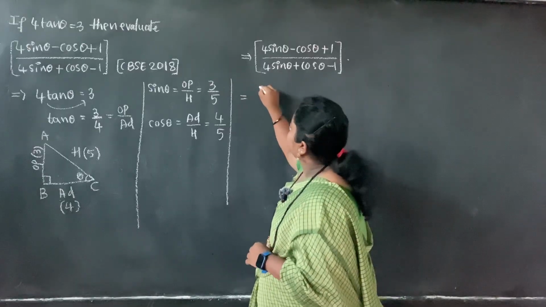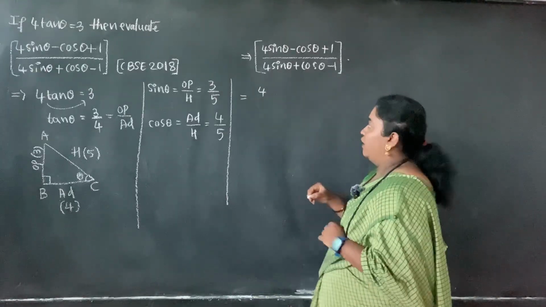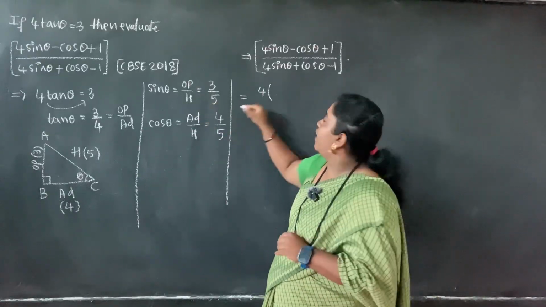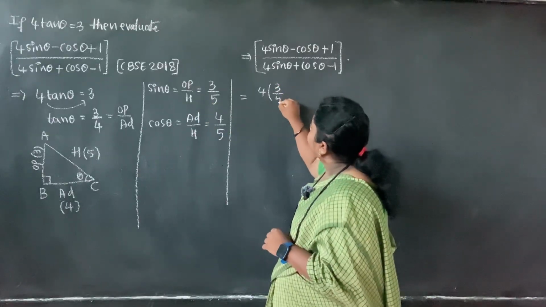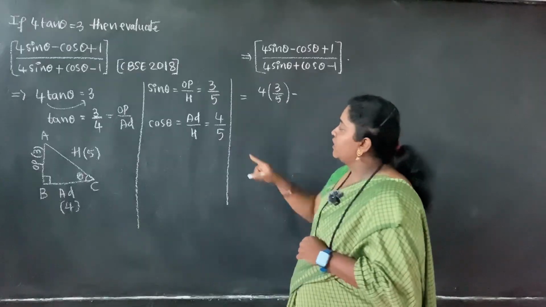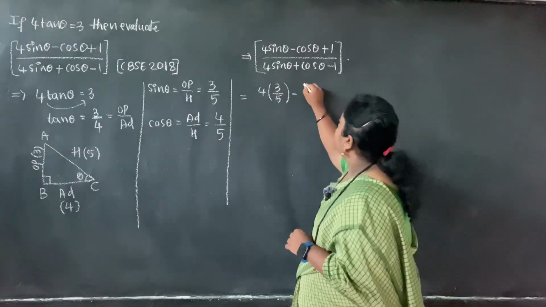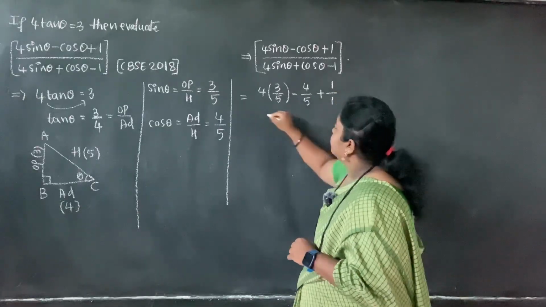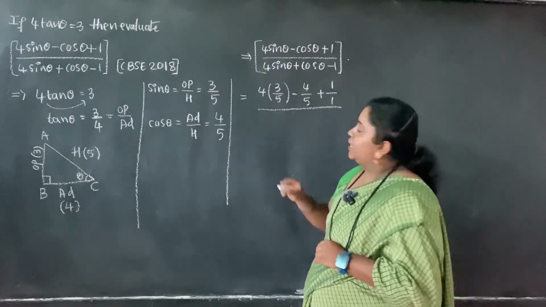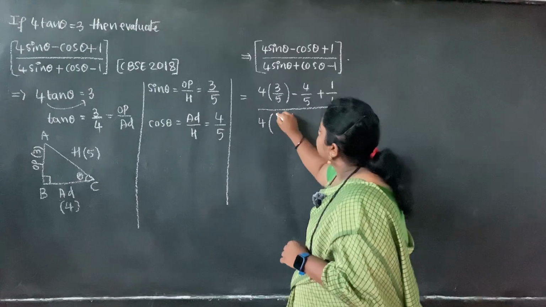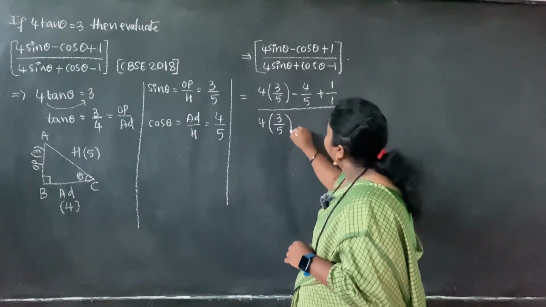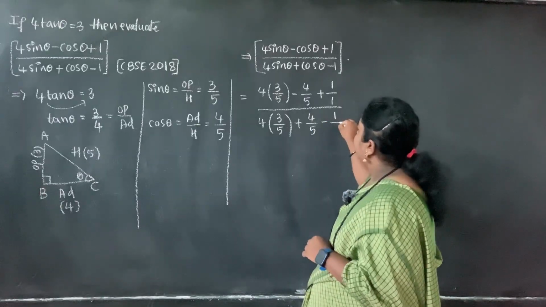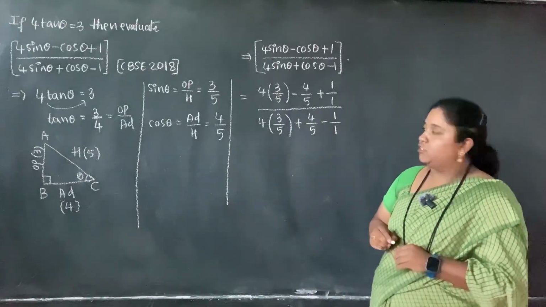So let me first substitute the values. 4 into sin theta, that is 3 by 5, minus cos theta, that is 4 by 5, plus 1 by 1. Whole divided by, again 4 into sin theta, that is 3 by 5, plus cos theta, that is 4 by 5, minus 1 by 1. This is the substitution.